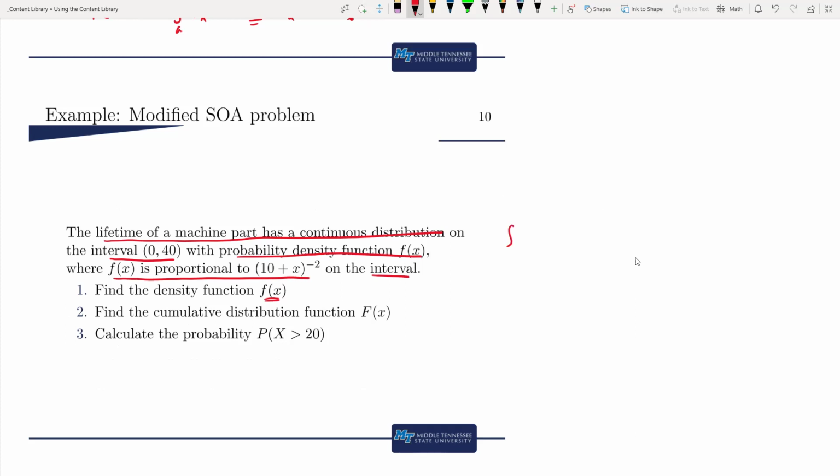So we know that the density function is proportional to this quantity, which means the density function is equal to some constant c times (10 plus x) to the negative 2. So when it says find the density function, what it's really asking us is to find c.